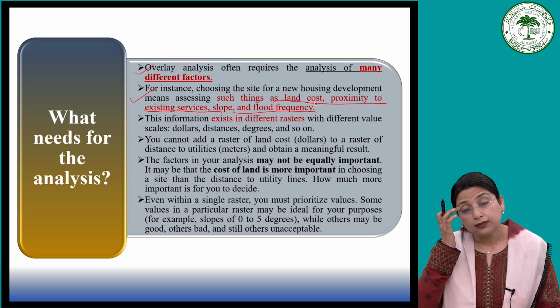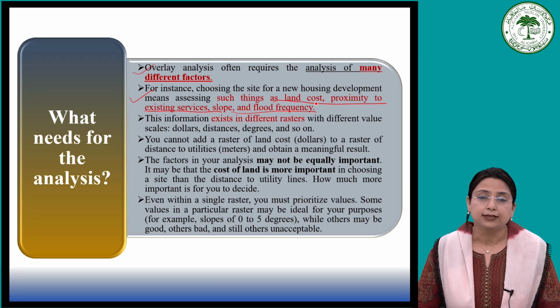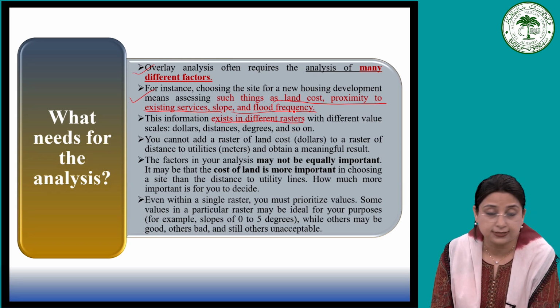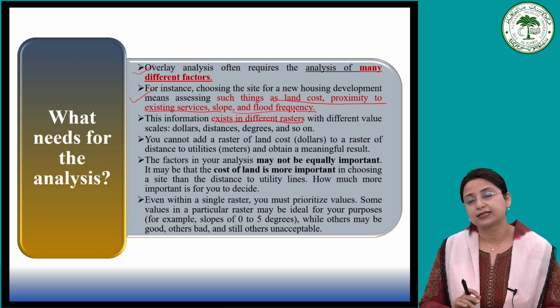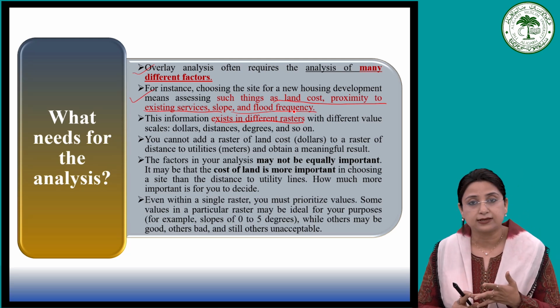Actually, this information, these factors we are talking about, exist in raster files, meaning they exist in different rasters. If you remember, students, we have discussed the different types of spatial data, that is, raster data and vector data.